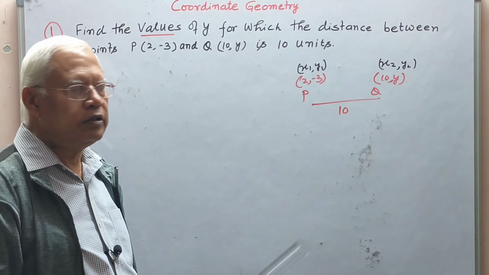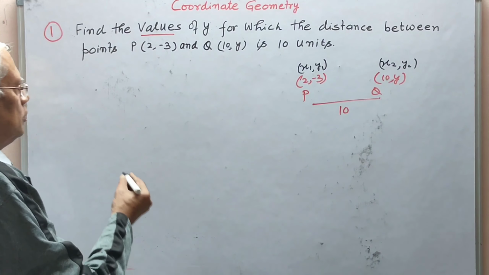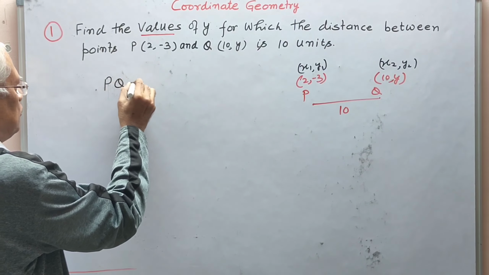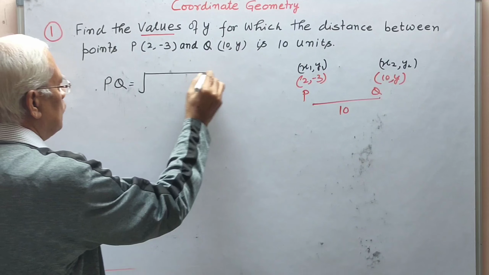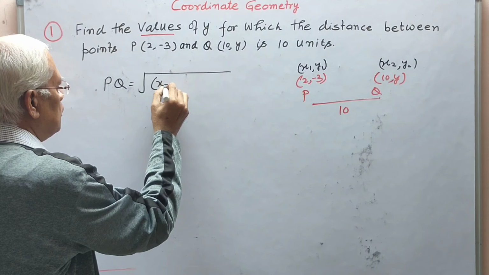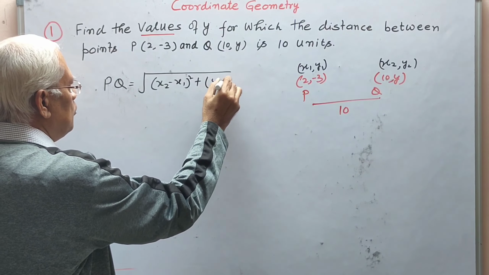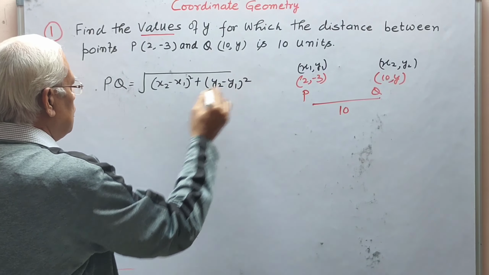It will not affect the final result. So PQ is equal to the distance formula: square root of (x2 minus x1) whole square plus (y2 minus y1) whole square.